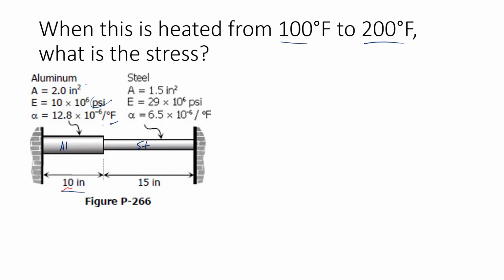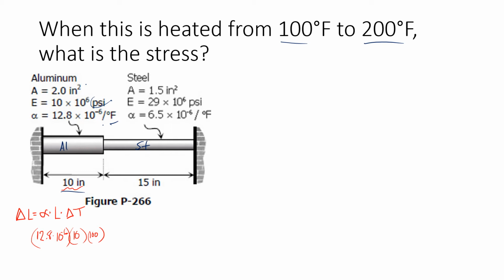We'll try to do aluminum in red. So what we first would want to figure out is how much each one wants to change from thermal expansion. So delta L is going to equal our alpha times L times delta T. Now alpha, let's stick with aluminum for this instant, is going to be 12.8 times 10 to the minus 6 times the length of 10 times the delta T of 100.